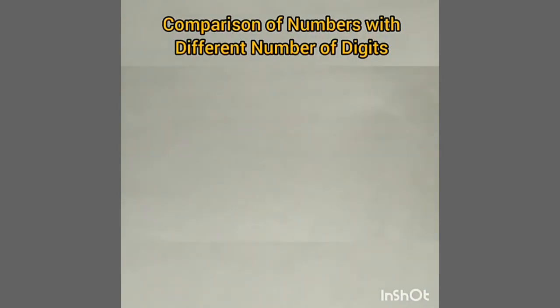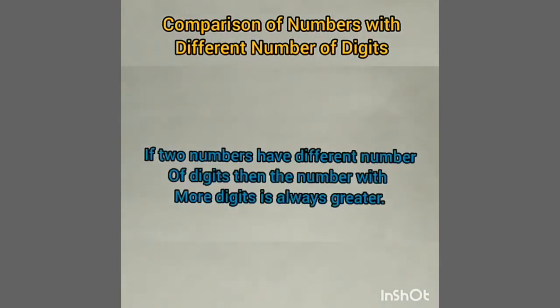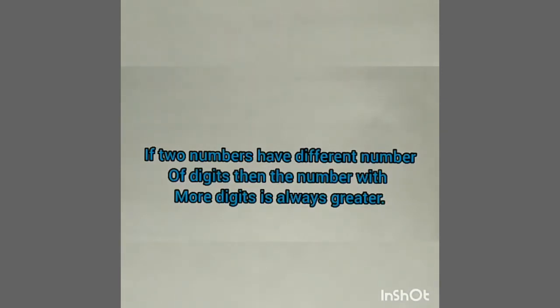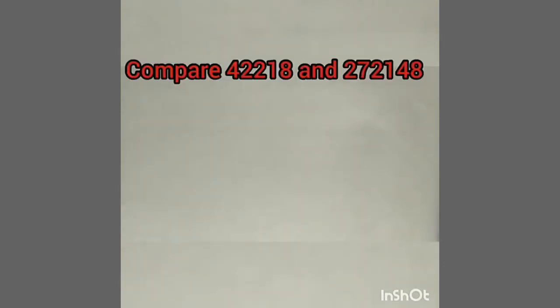If two numbers have different number of digits, then the number with more digits is always greater. I am repeating it another time. Suppose we have to compare 42,218 and 2,72,148.